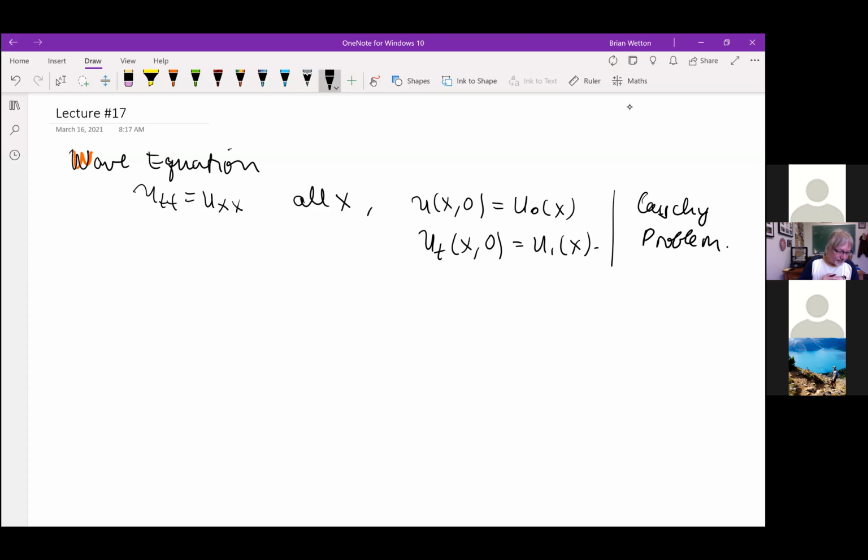So, well, we're going to write u in terms of its Fourier series. Here are the Fourier coefficients. Oh, in my notes, these Fourier coefficients are time dependent, and I didn't get that in the notes.